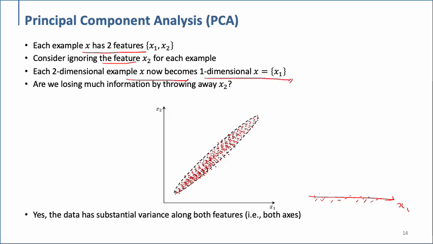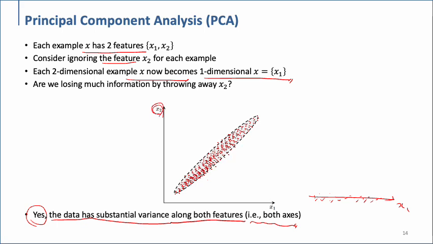And here, when we think about whether we are losing much information by throwing away x2, in this case the answer would be yes, because the data has substantial variance along both features, that means along both axes. So when you just remove the x2 information, we cannot see that x2 has some variance.